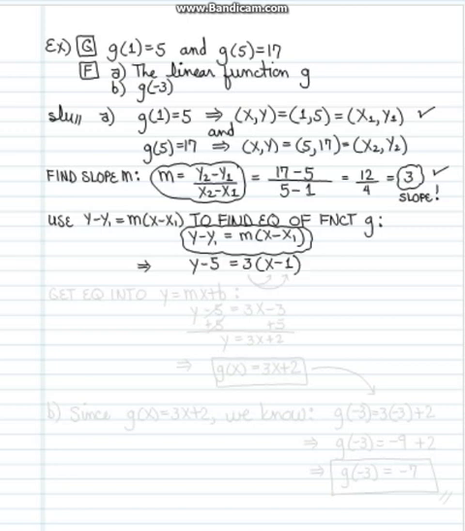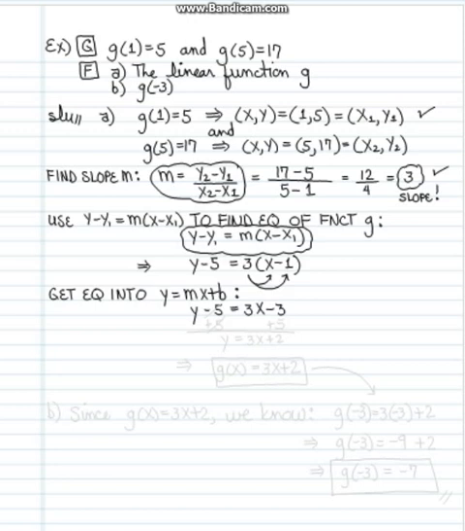Okay, now we're going to get this into the form y equals m times x plus b. First thing we should do is get rid of the parentheses, so we'll distribute the multiplication. That gives us y minus 5 equals 3x minus 3.